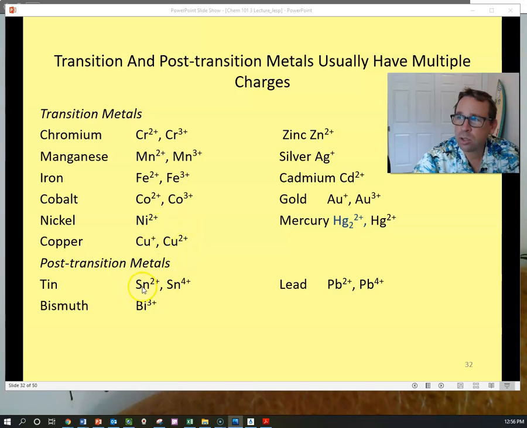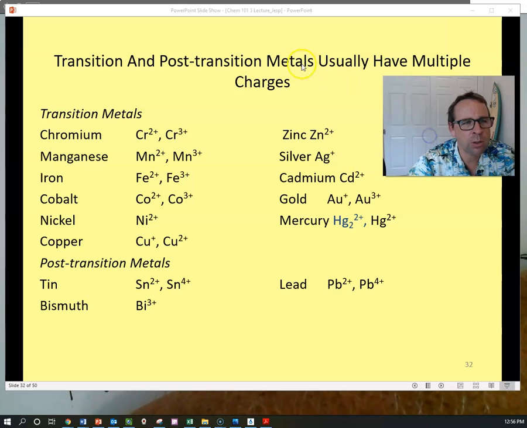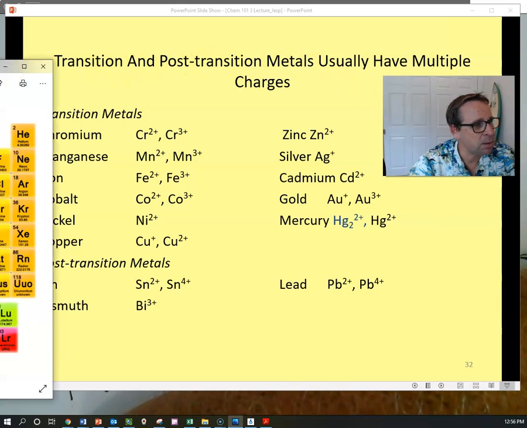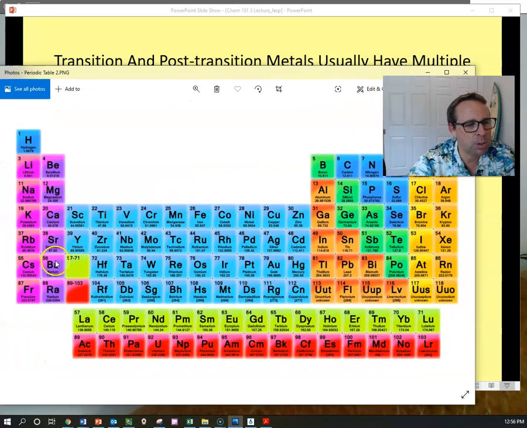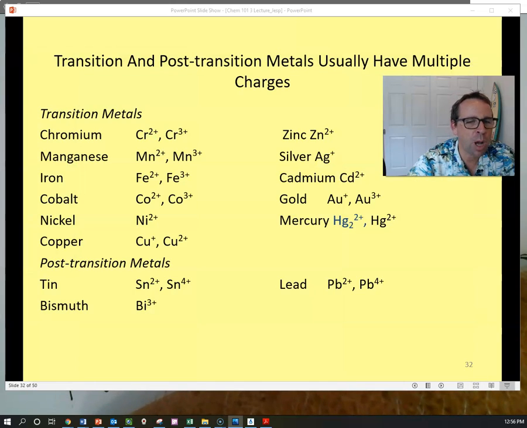Tin +2 or tin +4. So you have a variety of what we call transition metals. We call them transition metals because this section on our periodic table is the transition metals, and also some of these orange ones here, which are called post-transition metals. They have multiple possible charge states.